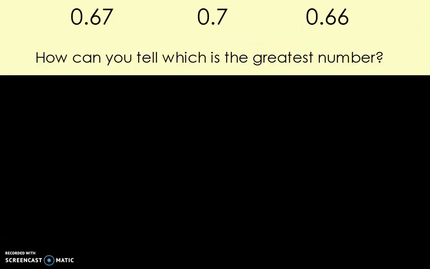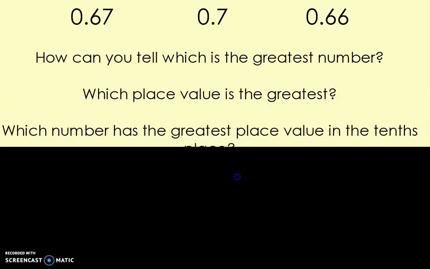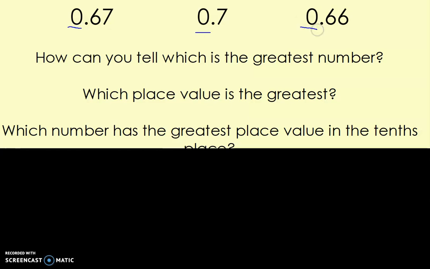Let's continue to look at how we can tell which is the greatest number. So we could draw it, we can make equivalent decimals. We can also look at place value. Which place value is the greatest? Well, the ones place is the greatest, but they all have 0 in them. So now I move to the next place value, just like I would if I was comparing whole numbers.